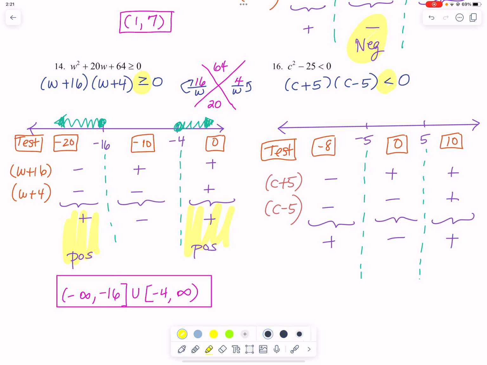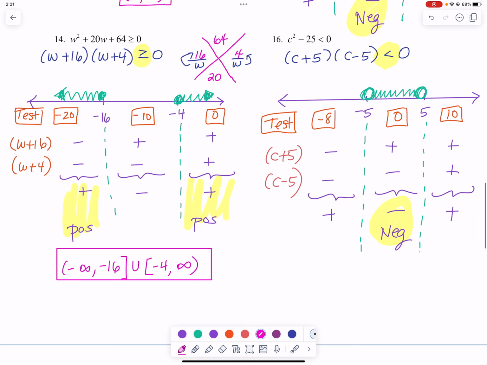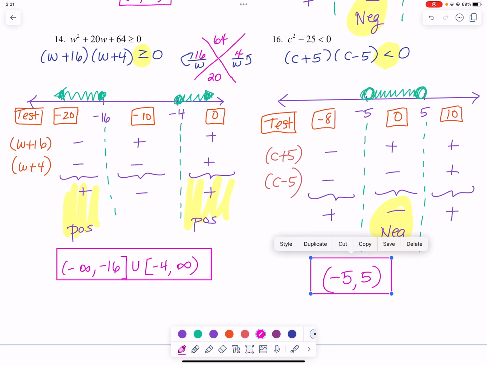Here we have a less than 0, so we are looking for negative. And that is the interval, and we do not want to include the endpoints from -5 to positive 5. So our solution is -5 to positive 5, and we do not want to include those endpoints. And that concludes this worksheet.